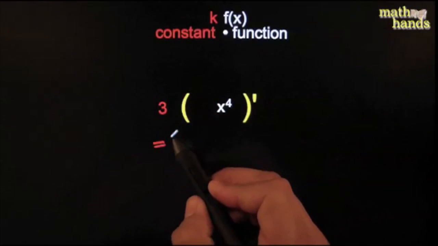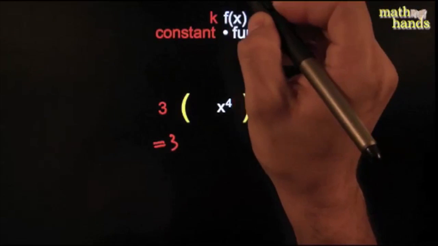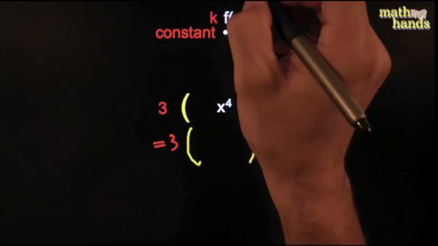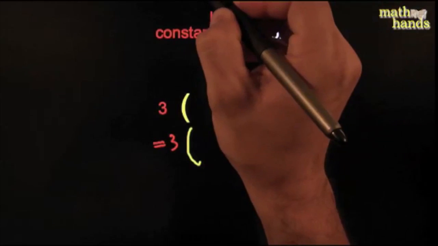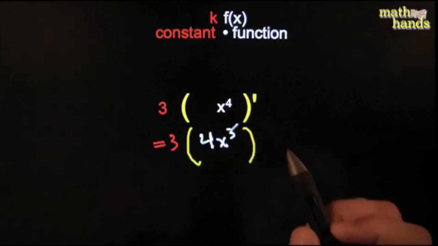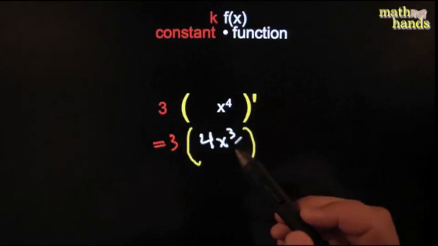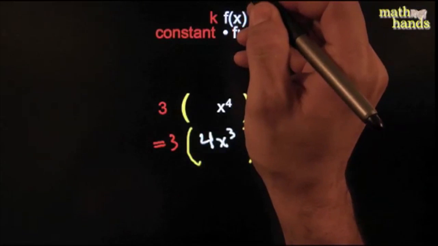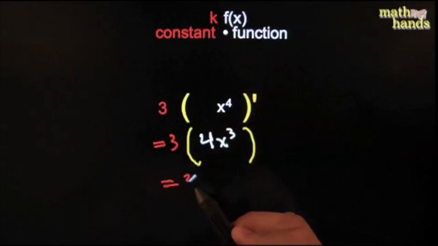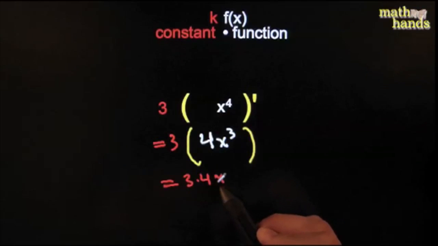So this would be equal to 3 times, I'll deal with the derivative in here. The derivative of x to the 4th is equal to 4x to the 3rd. See, that takes care of the derivative, and then at the end of that we will have 3 times 4 times x to the 3rd.